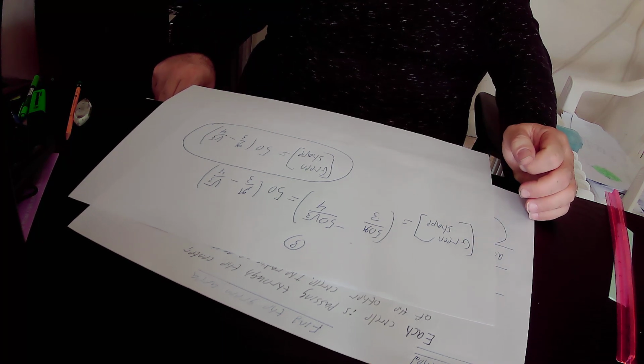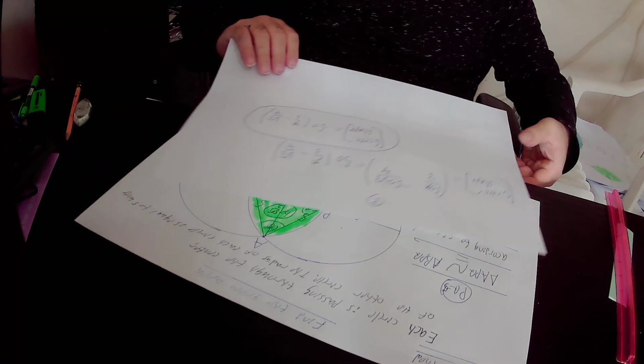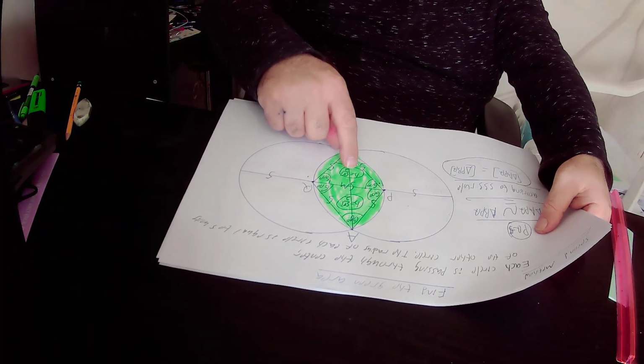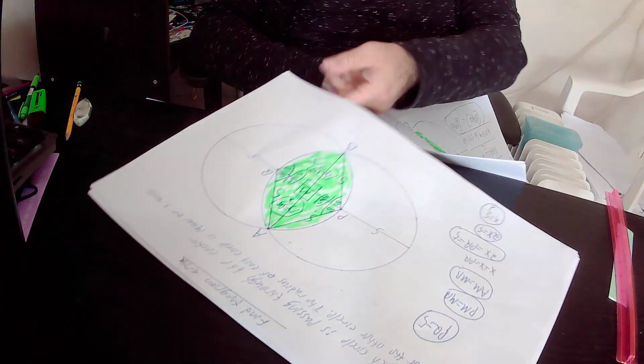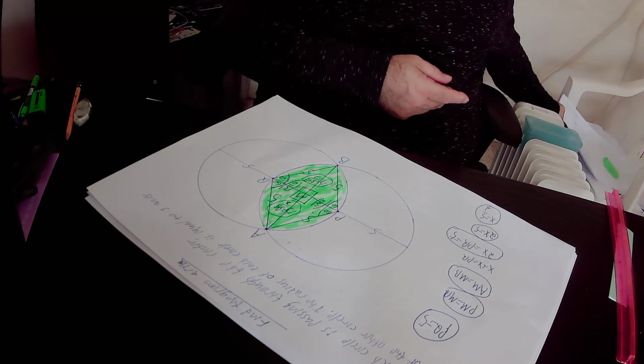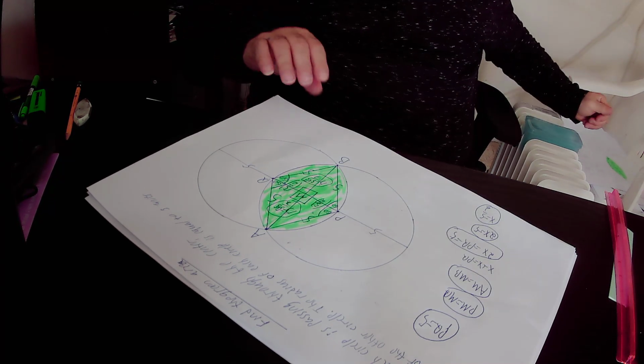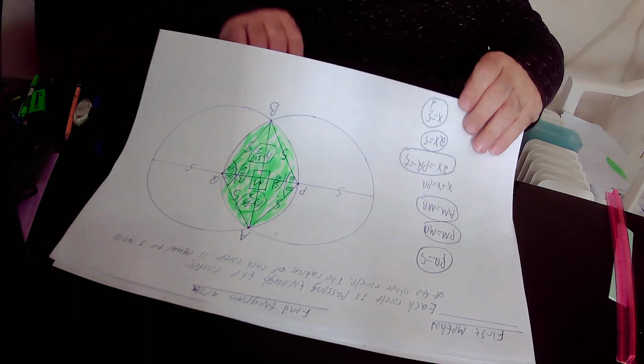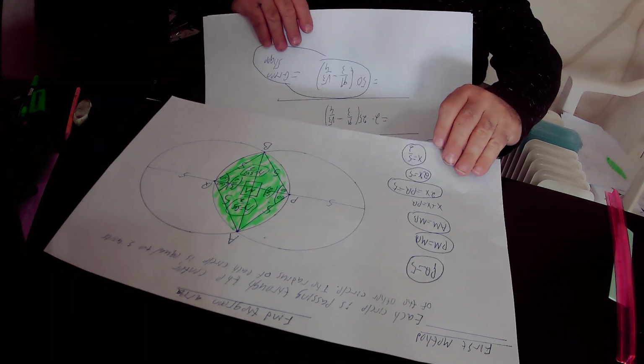So in the next step, I will summarize the lecture. We found the area of this green shape in 2 different methods. So here I repeat the question.